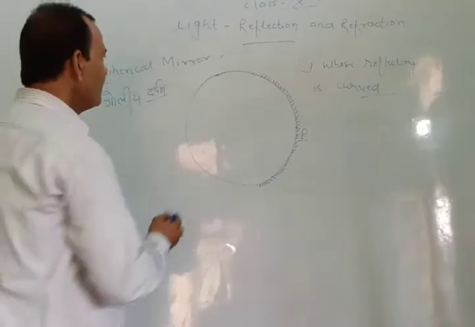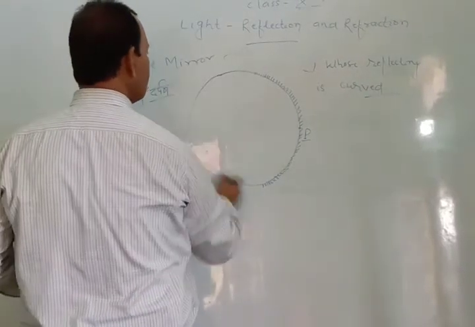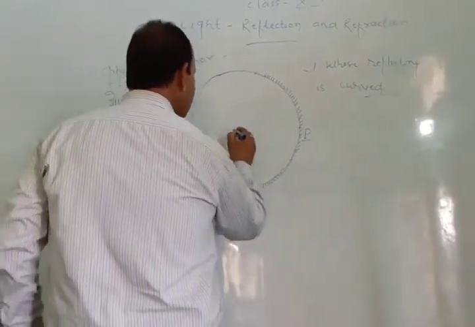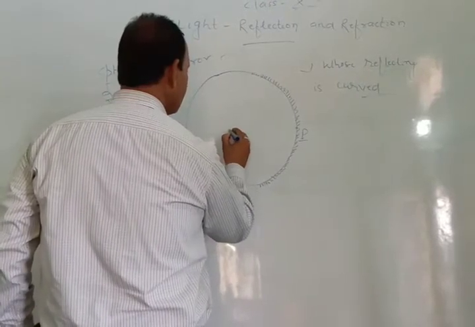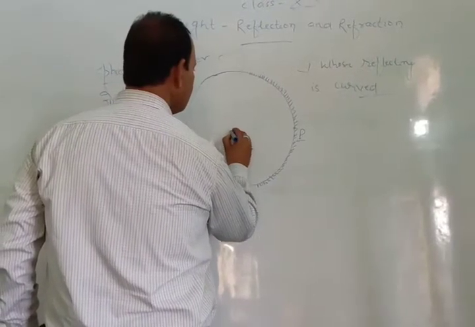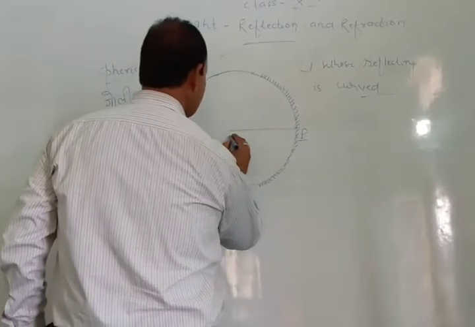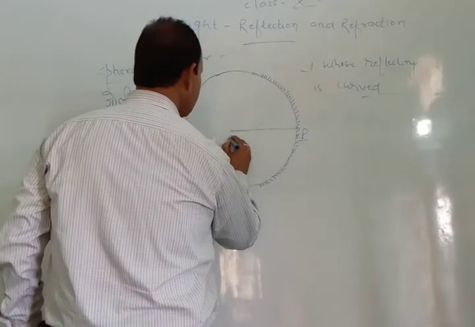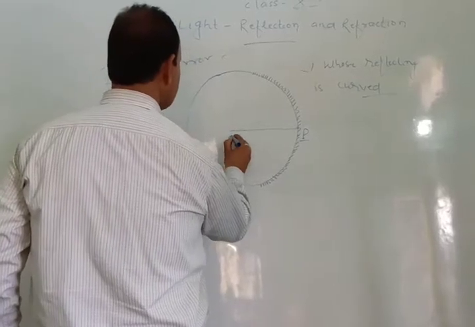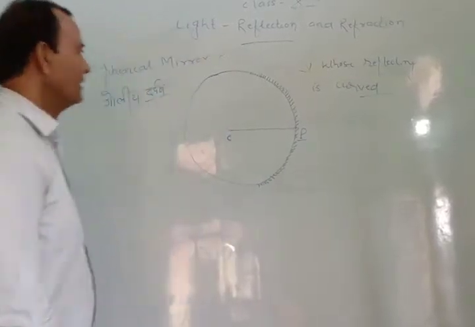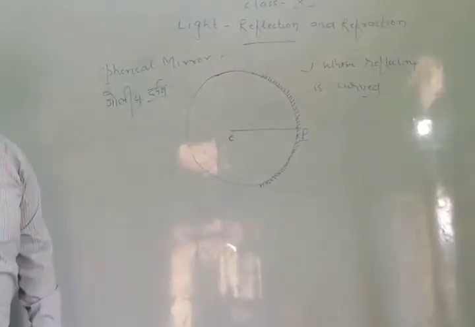This is a spherical mirror because it is round in shape, and at the center is the center of curvature. This is the middle part of the sphere, denoted by capital C, the center of curvature.